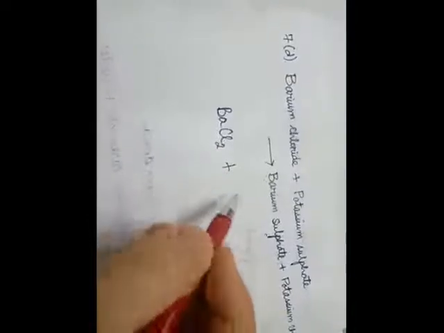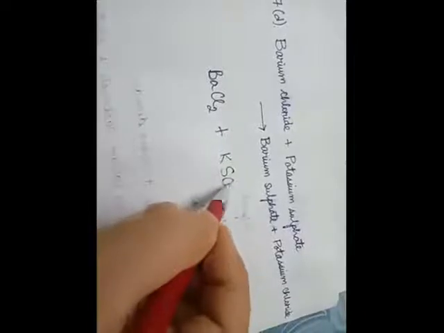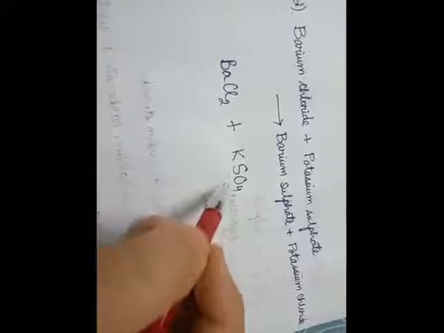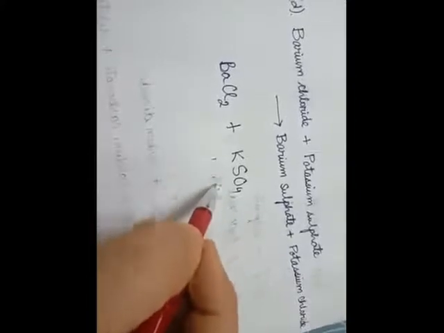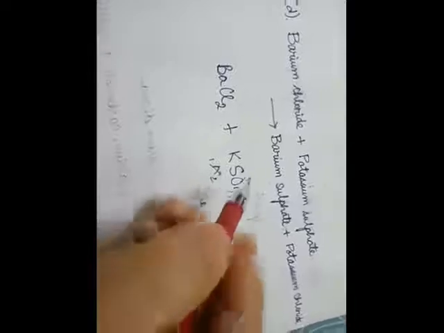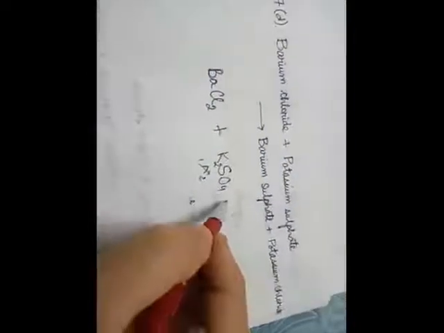Then potassium sulfate: the potassium symbol is K, the sulfate symbol is SO4. The valency of potassium is 1 and sulfate is 2. So the formula of potassium sulfate will be K2SO4.